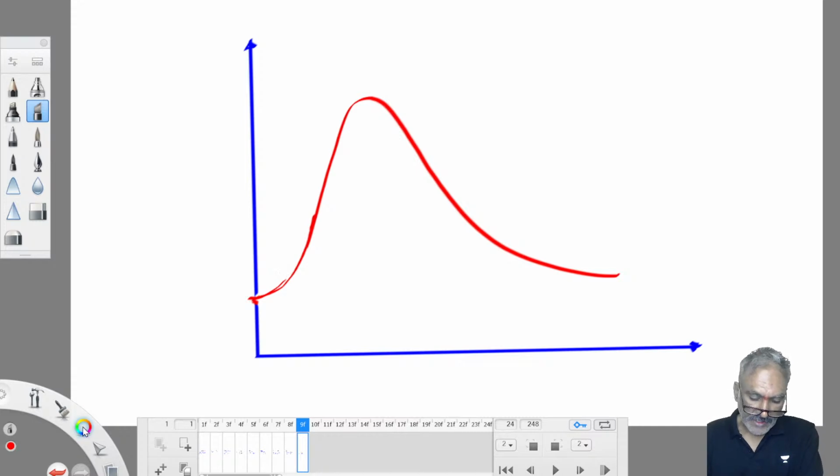From this, what do we derive? We derive one direct runoff hydrograph.